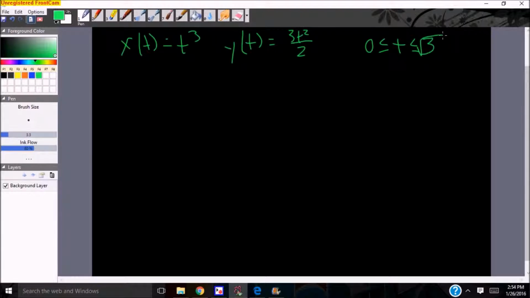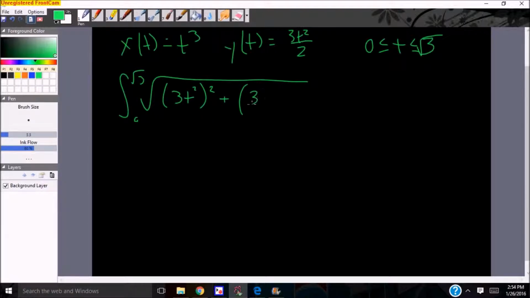To do so, let's see if we can bust out our little formula here. We're talking about going from 0 to root 3 of the square root of the derivative of this thing squared, 3t squared, plus the derivative of that squared, or 3t, dt.